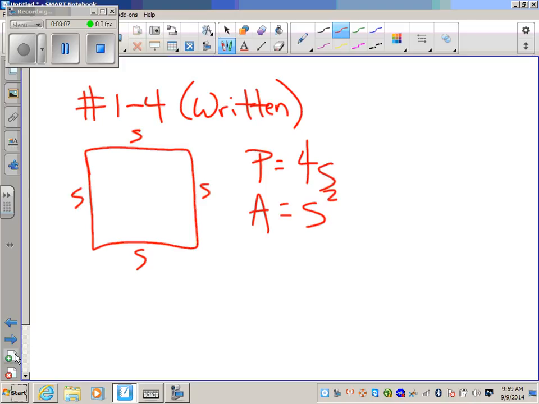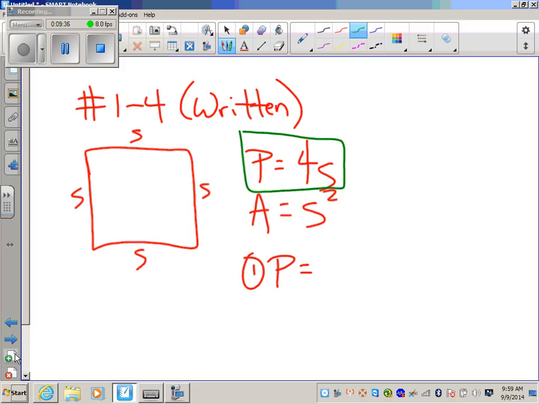Now, look at number 1. Number 1 says, find P if S is 3. So what formula are we going to use for number 1? This one. Because I can't find P using the area formula, right? It's not applicable. If they want me to find the perimeter, I have to use the perimeter formula.